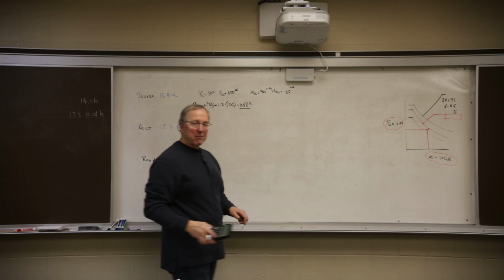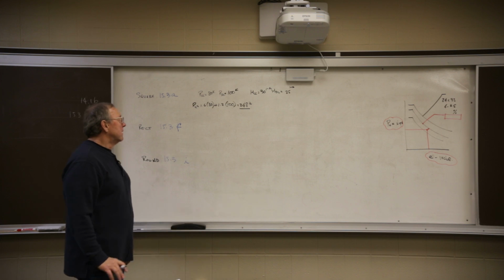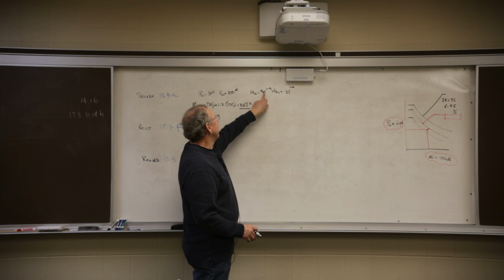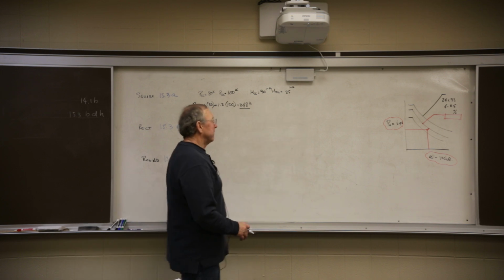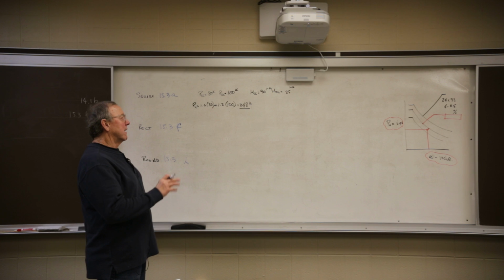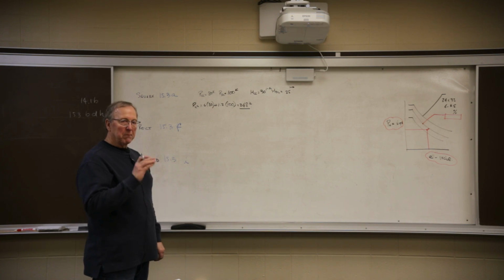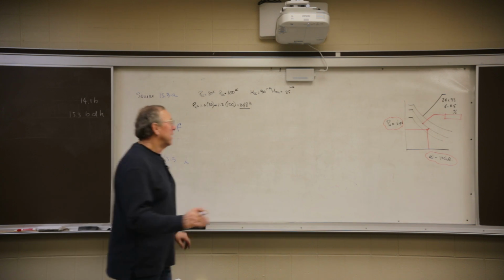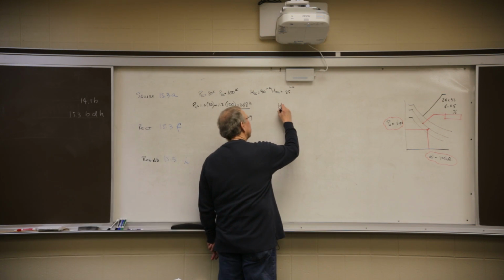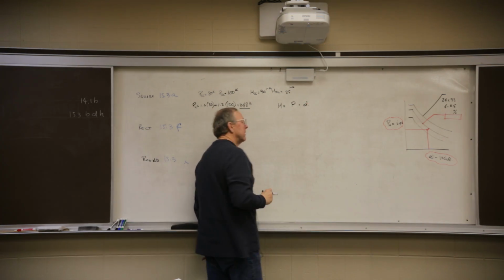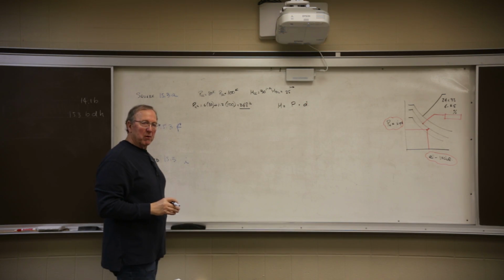Now, I'm given M in service moments. 30 kip feet, 25 kip feet. Okay. Hopefully you remember the correlation between moment and load. We've done it 100 times. Moment equals force times distance. How does that apply to this problem?